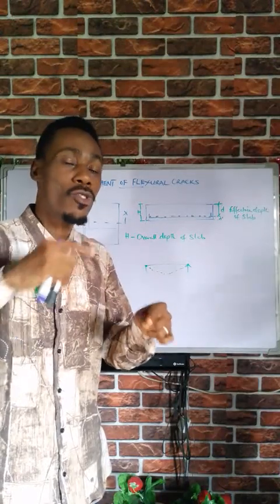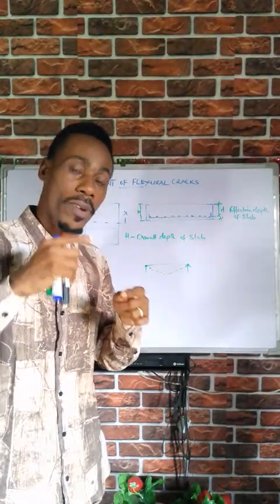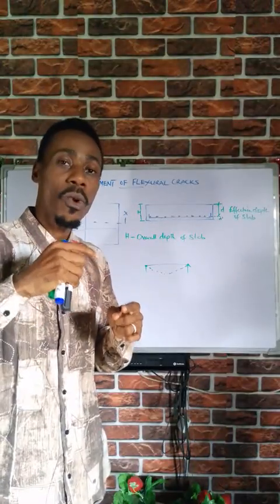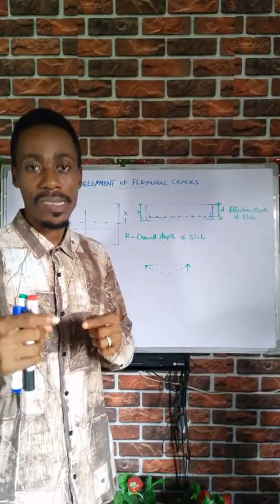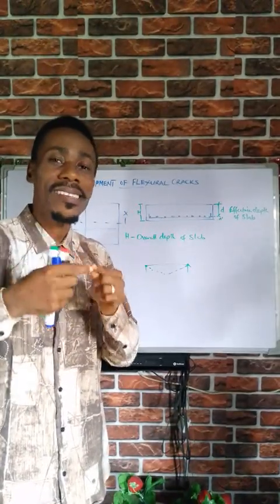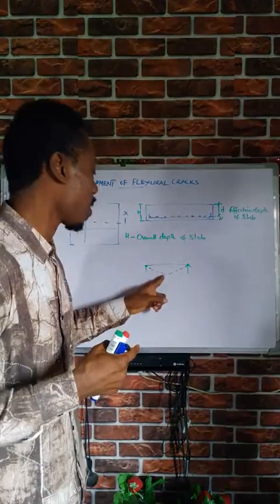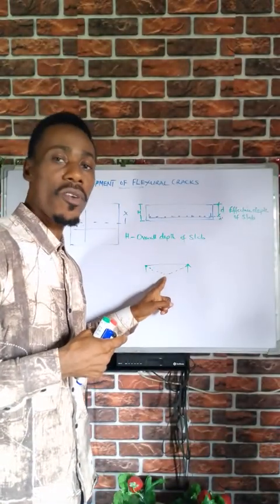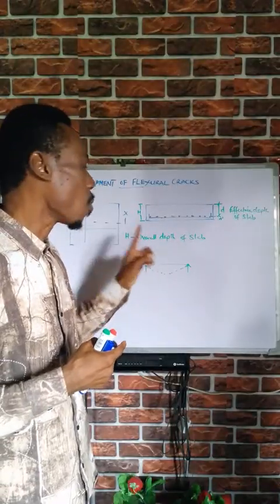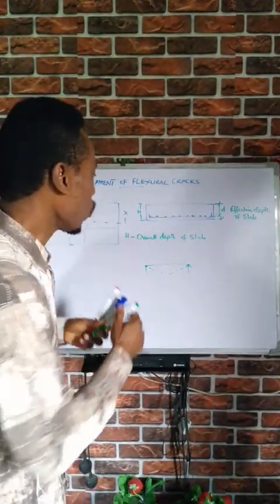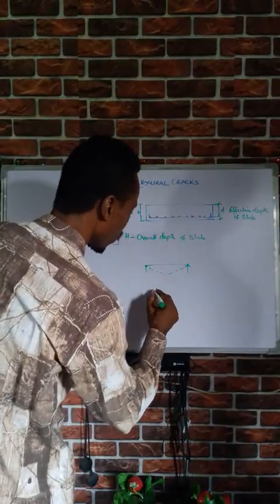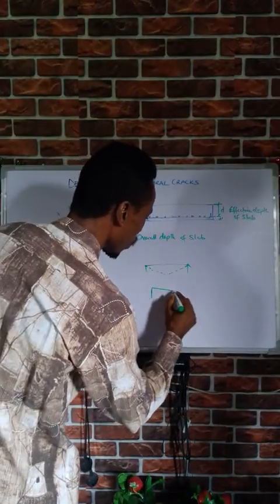Those bottom reinforcements are stressed, and that is what we refer to as tensile stress. When these tensile stresses exceed the capacity of this bottom bar, there will definitely be formation of cracks.